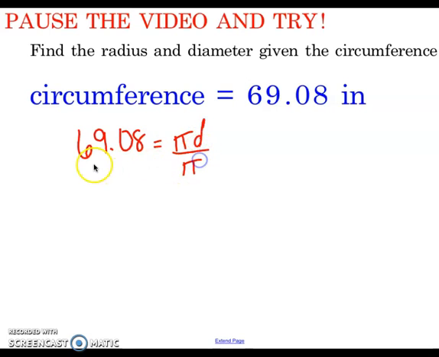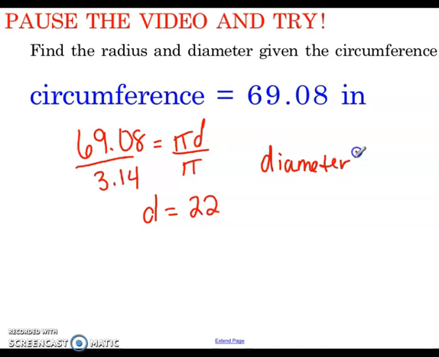So when you divide both sides by pi, or its equivalent, you get d to equal 22. If the diameter is 22, the radius is half of that. So we take 22 and divide it by 2, and we get the radius to be 11. That is how, given the circumference, you solve for the diameter and the radius.